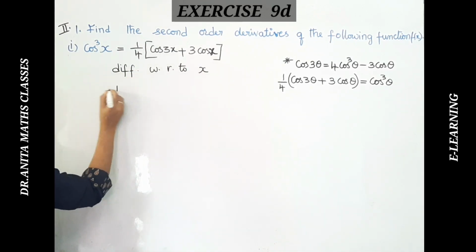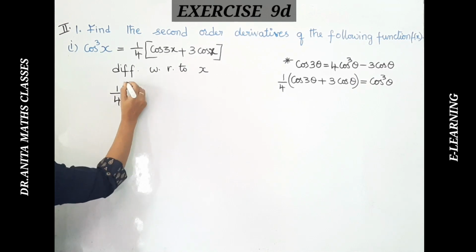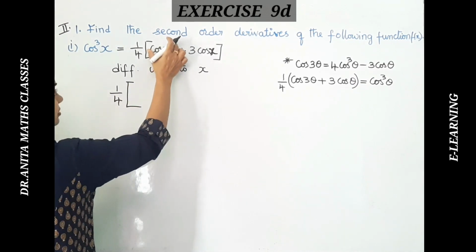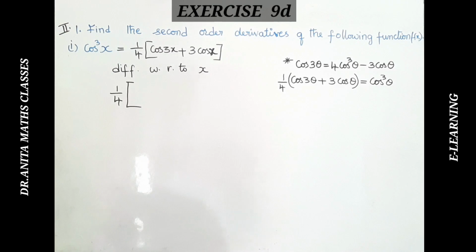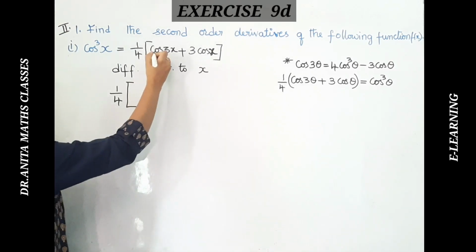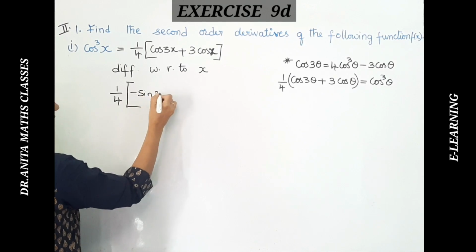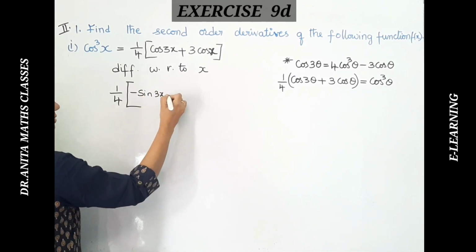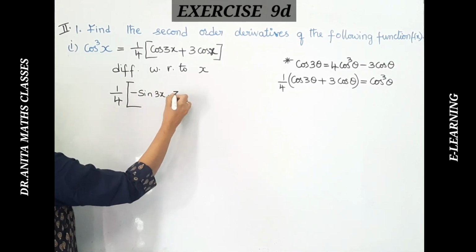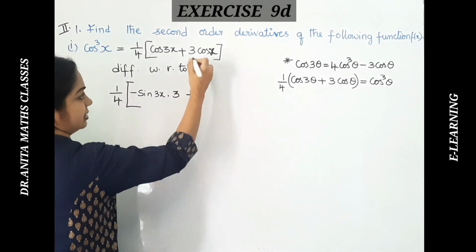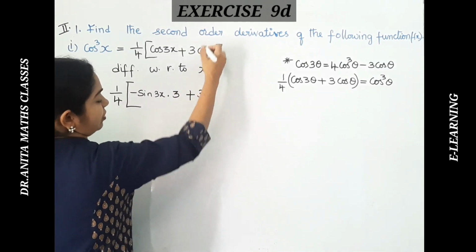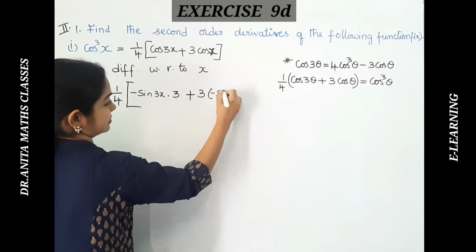So 1/4 will come out. Here I'll differentiate. The derivative of cos 3x is minus sin 3x. When cos is involved, you get minus. And again by the chain rule, the derivative of 3x is just 3, multiplied by 3. Plus 3 you can take out, and the derivative of cos x is minus sin x.